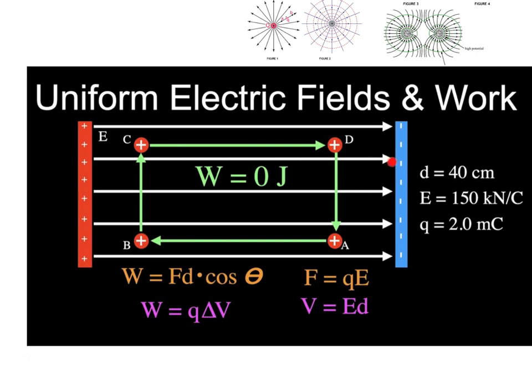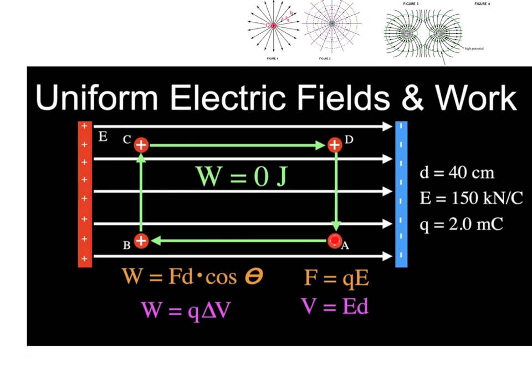We see the field lines are the white lines, and then there's a single charge we're going to move around from A to B, B to C, C to D, and D back to A. So that's 4 displacements.